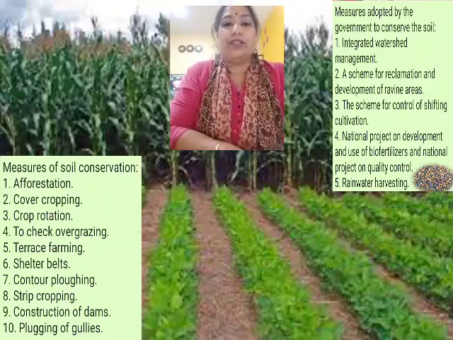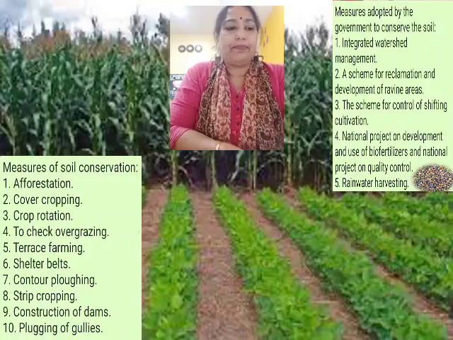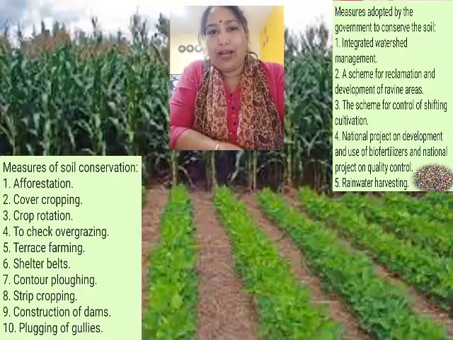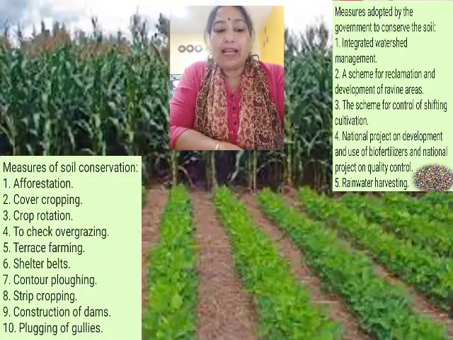Another question which can come is measures adopted by the government to conserve the soil. The first is integrated watershed management. I want to give you some information for all these points, so better you write them also. First of all, integrated watershed management.